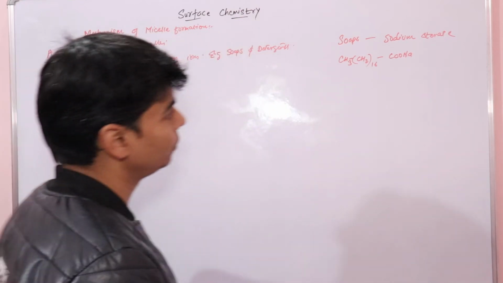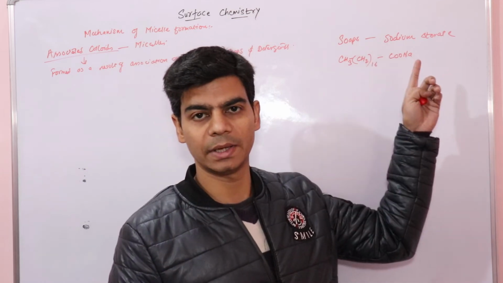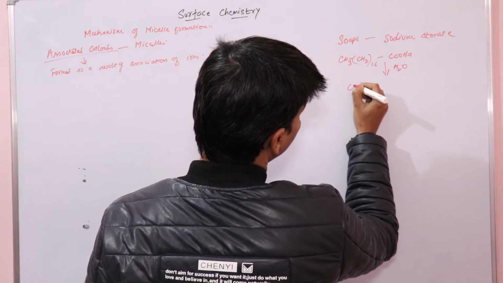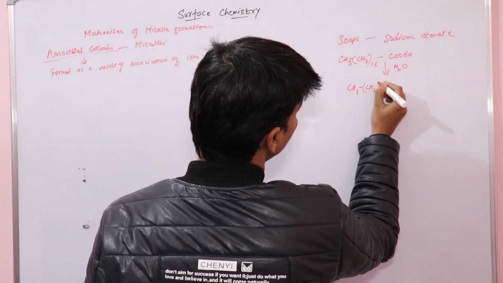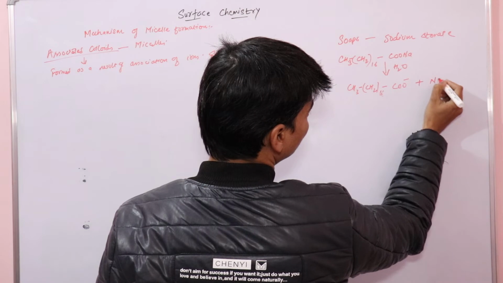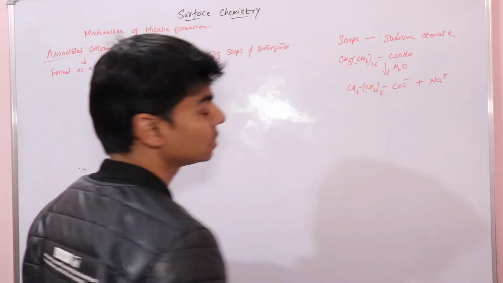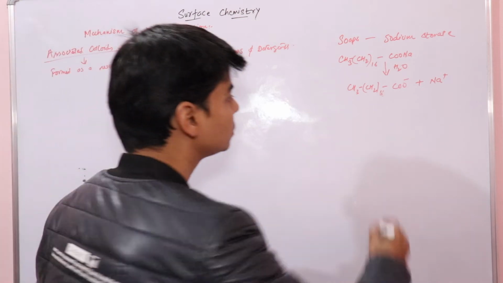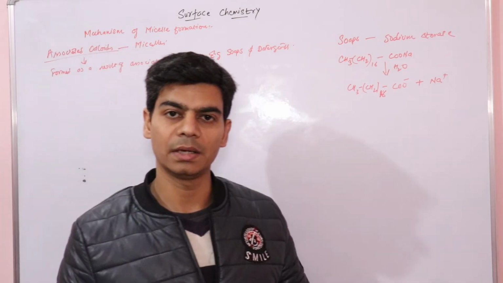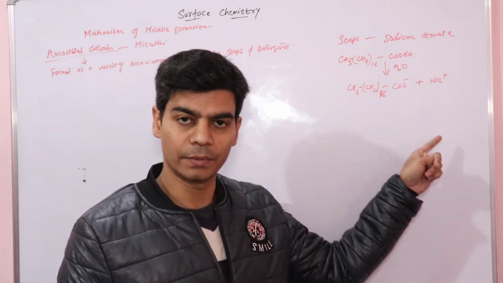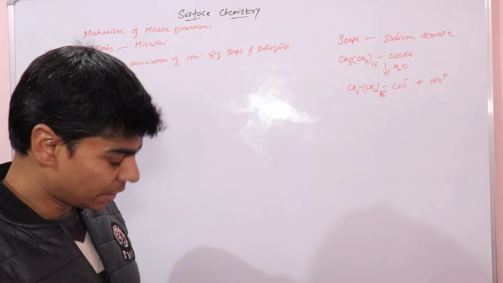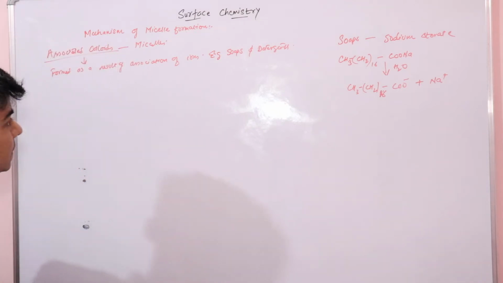When you add this soap, sodium stearate, in water, it will dissociate to form CH3 (CH2)16 COO minus, which is an anion, plus sodium. So this is an anionic soap. Now we will understand the formation of ionic micelles, how these anions associate to form them.